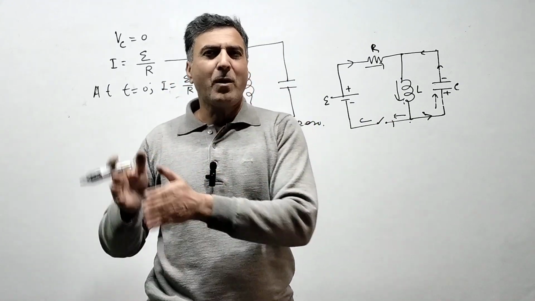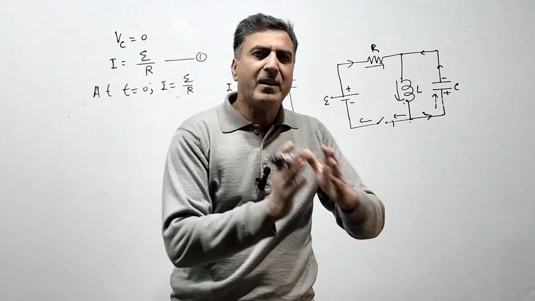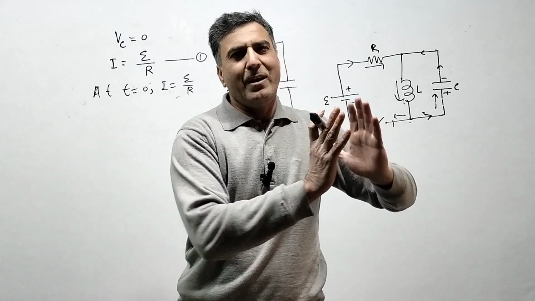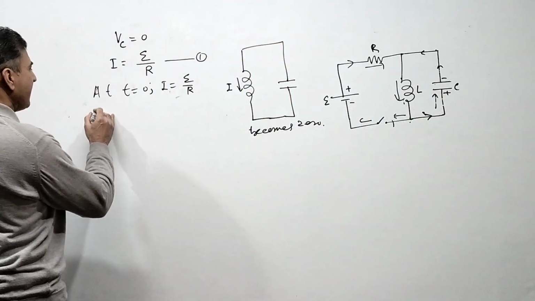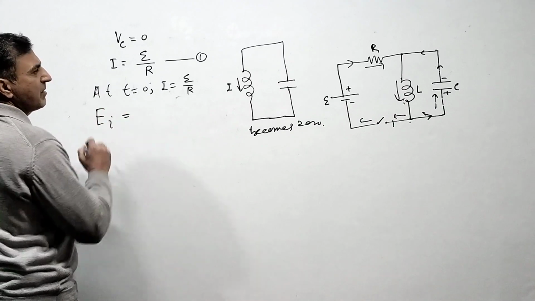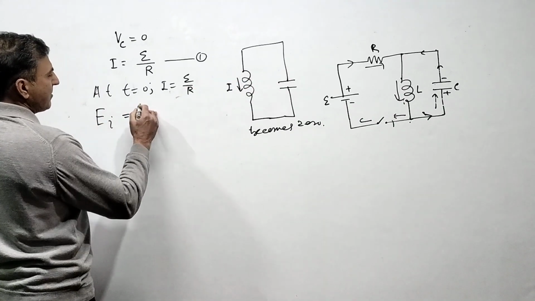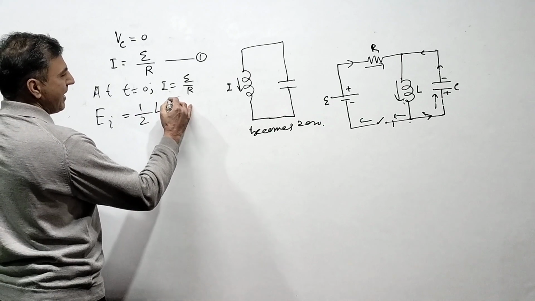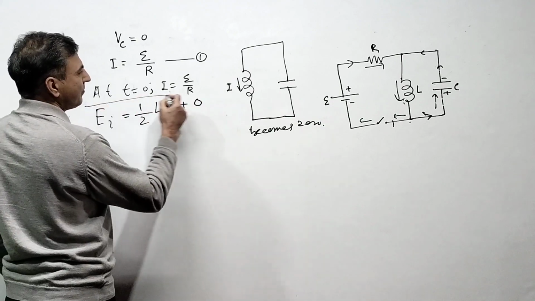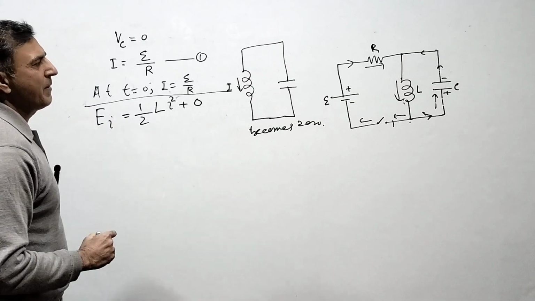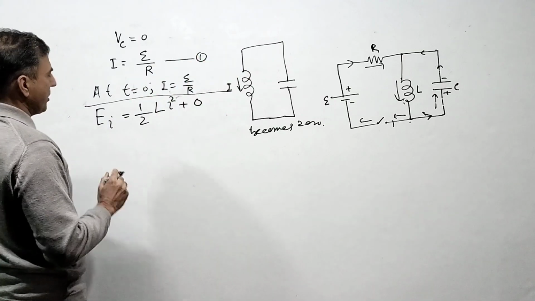Initial energy was in the form of magnetic field, and final energy is in the form of electric field in the capacitor. So what we write: initial energy is the energy in the inductor, that is 1/2 L i square, plus capacitor energy, that was 0, because initially the capacitor was not charged.